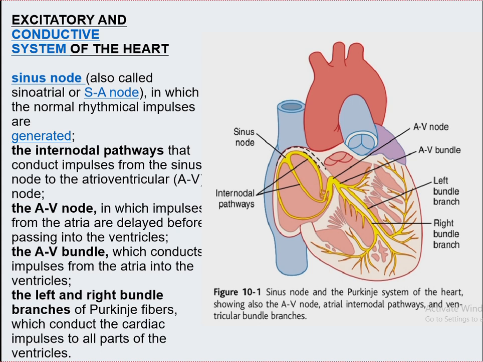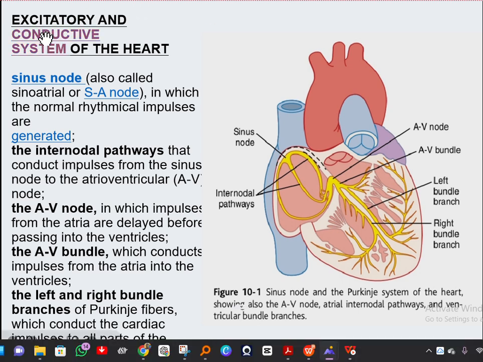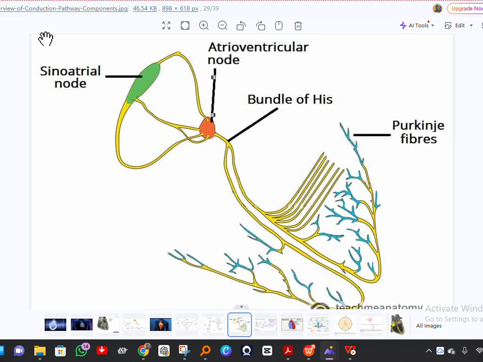To understand this basic concept of interpretation of the ECG, it is important that you know the excitatory and conduction system of the heart. It is widely known that we have pacemakers, and the main pacemaker is the sinoatrial node.